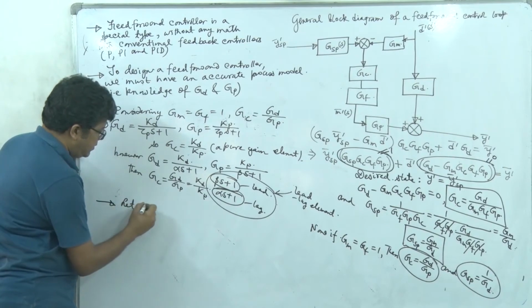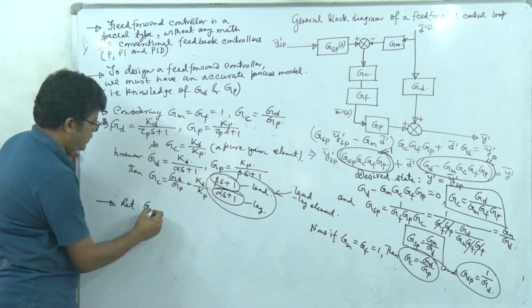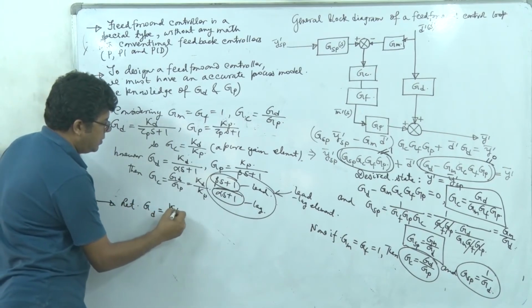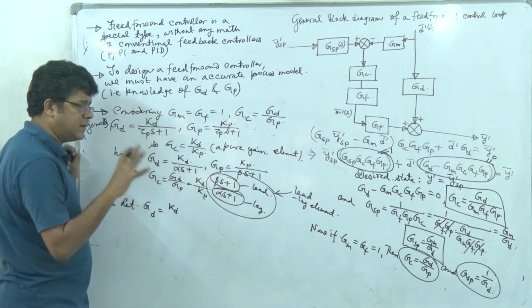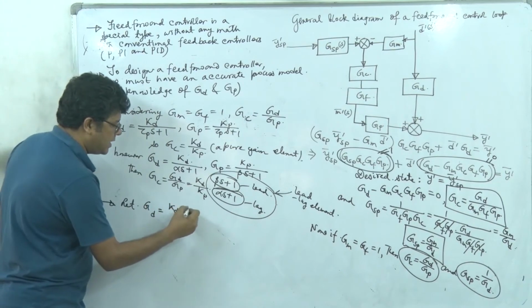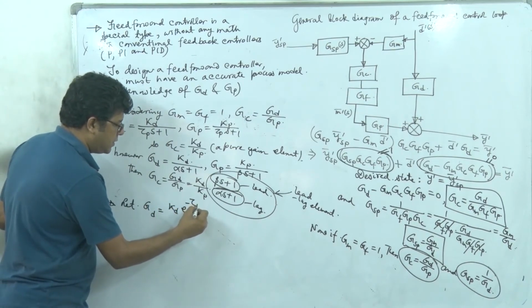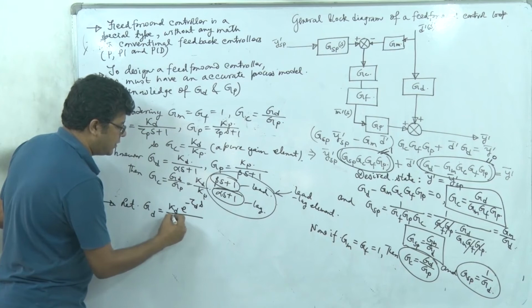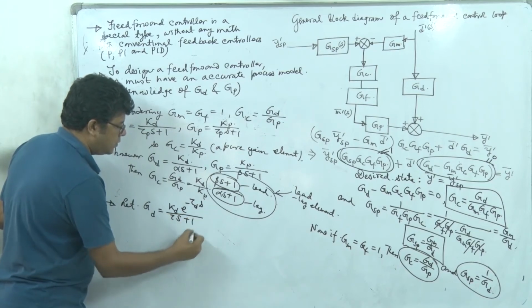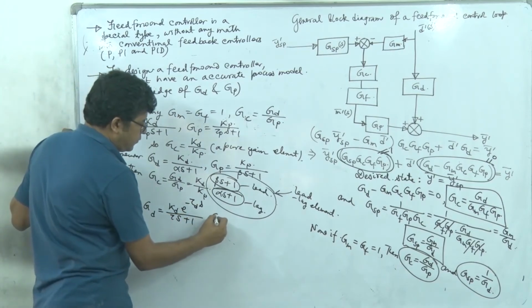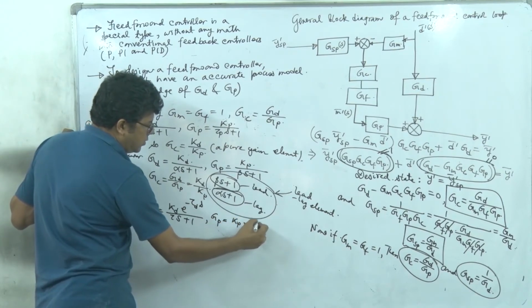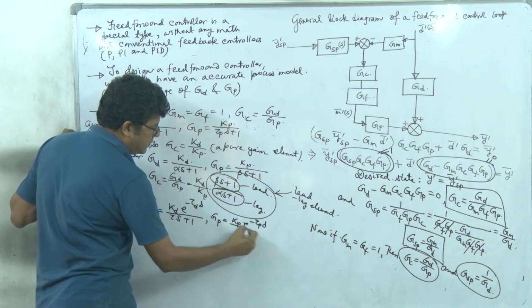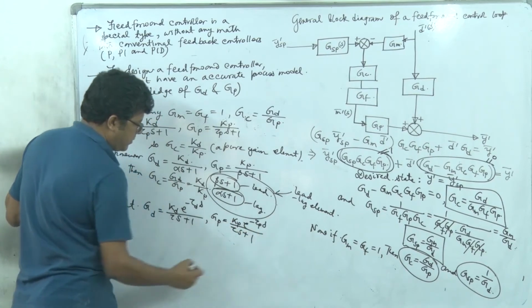Next, let's say GD is equal to KD, one to one, a single process block and single disturbance block. Then both are first order systems with dead time, so GD is KD e to the power minus tau D S divided by tau S plus 1. So GP is equal to KP into e to the power minus tau PS divided by tau S plus 1.